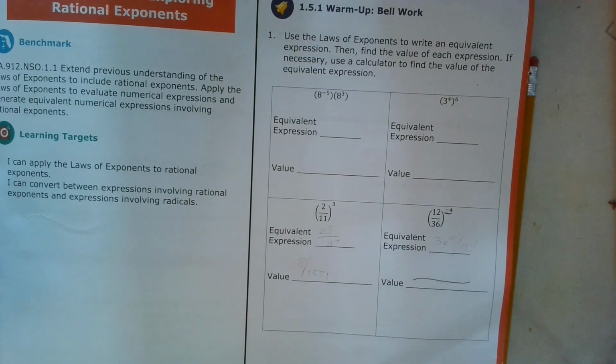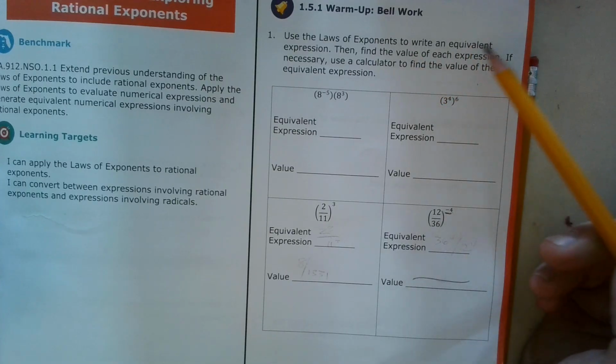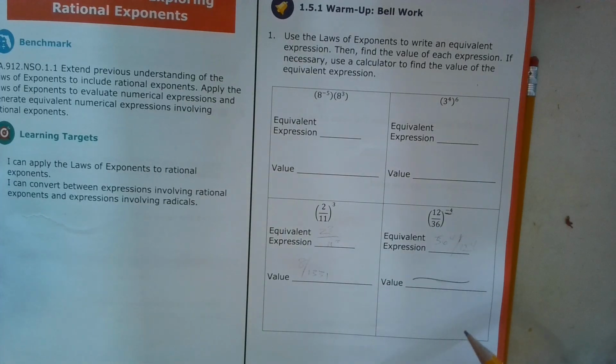Okay. So use the law of exponents to rewrite the expression. Then we're going to find the value. Down here, this number is huge. So I really want to know that you guys know how to do the value, the equivalent expression.